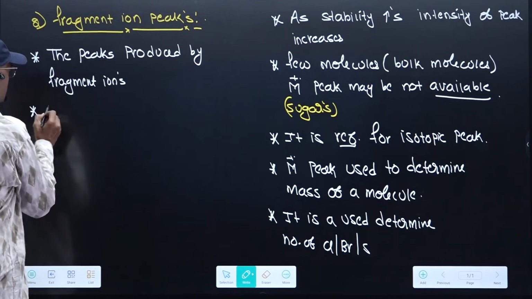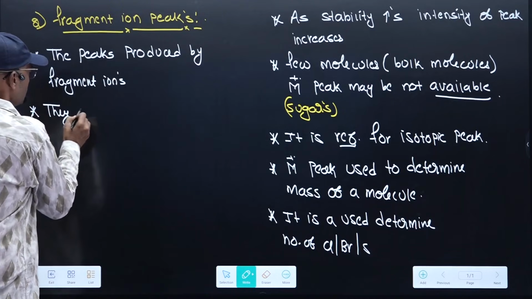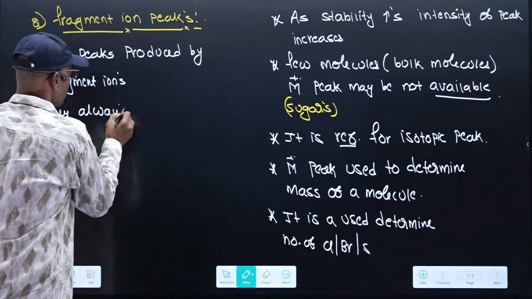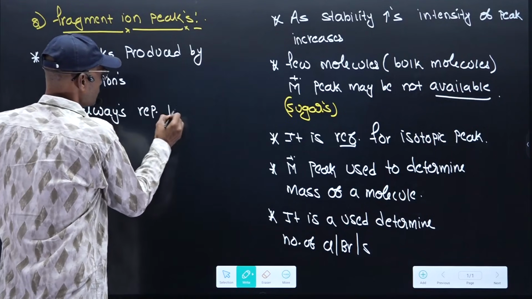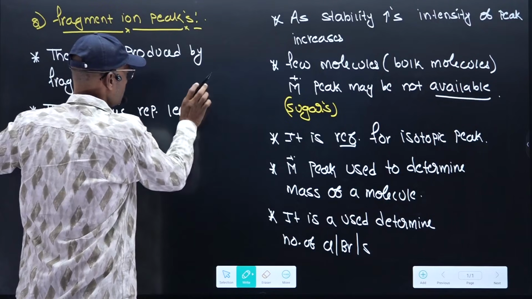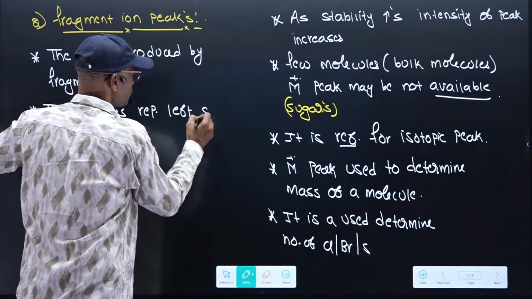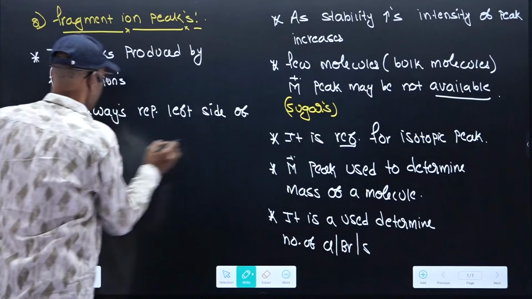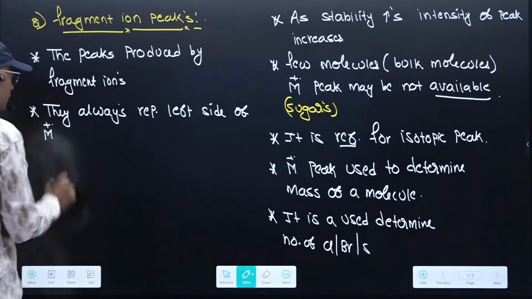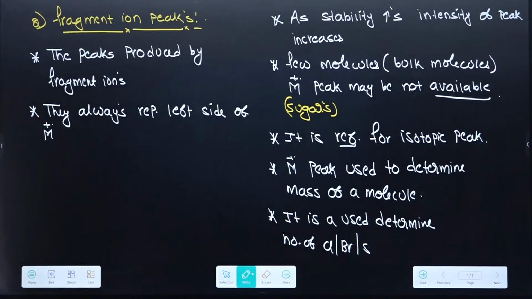Next, they always represent the left side of the molecular ion. If the molecular ion is on the right side, then everything remaining on the left side belongs to fragment ion peaks.